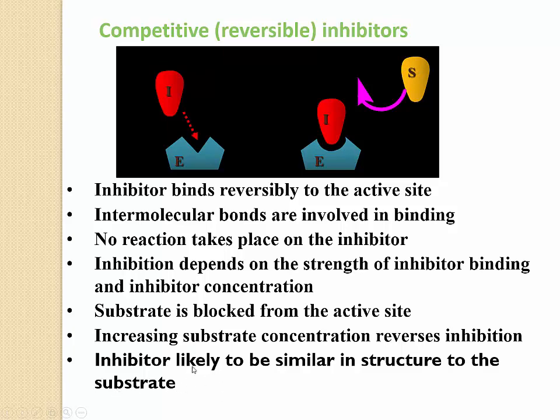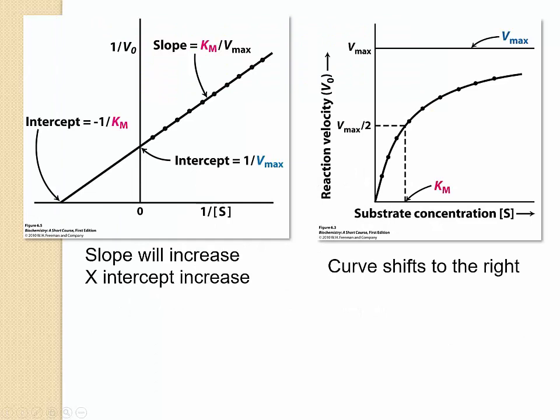And the inhibitor should be similar in structure to the substrate, which means what we should expect is an increase in Km. So it should take more substrate to overcome inhibition, return to 1/2 Vmax in terms of velocity, which means this entire curve shifts right.